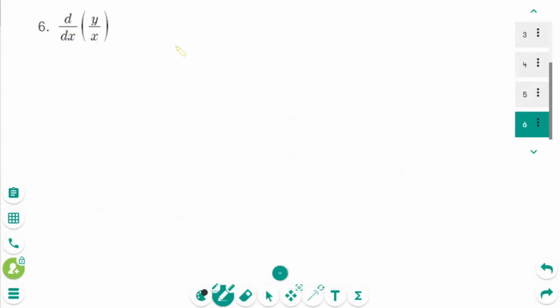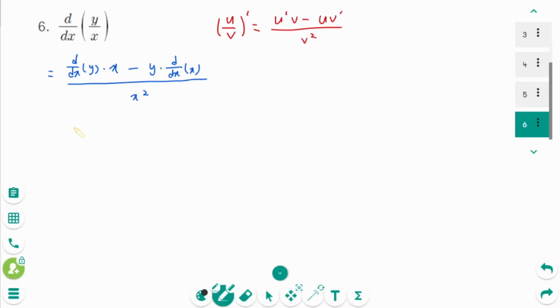Question 6. Use the quotient rule. (u over v) prime is (u prime v minus u v prime) over v squared, equals d dx of y times x minus y times d dx of x, over x squared.